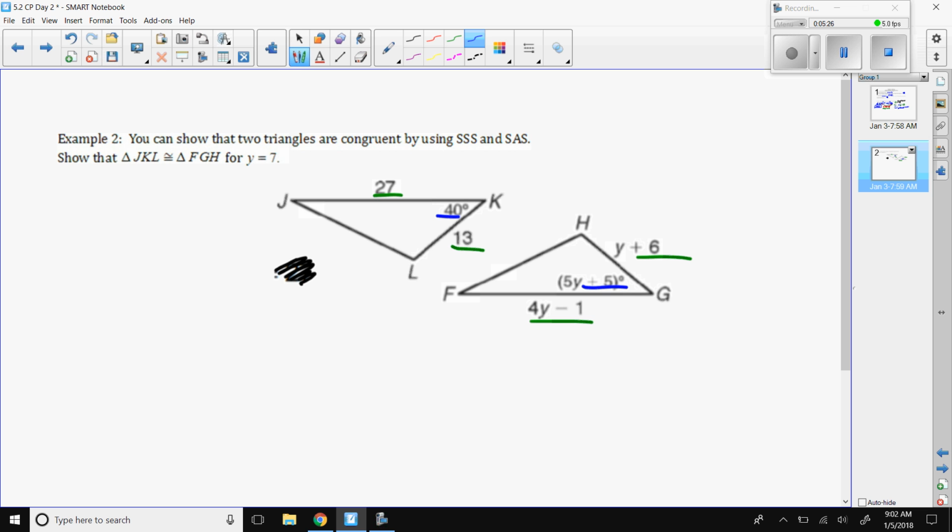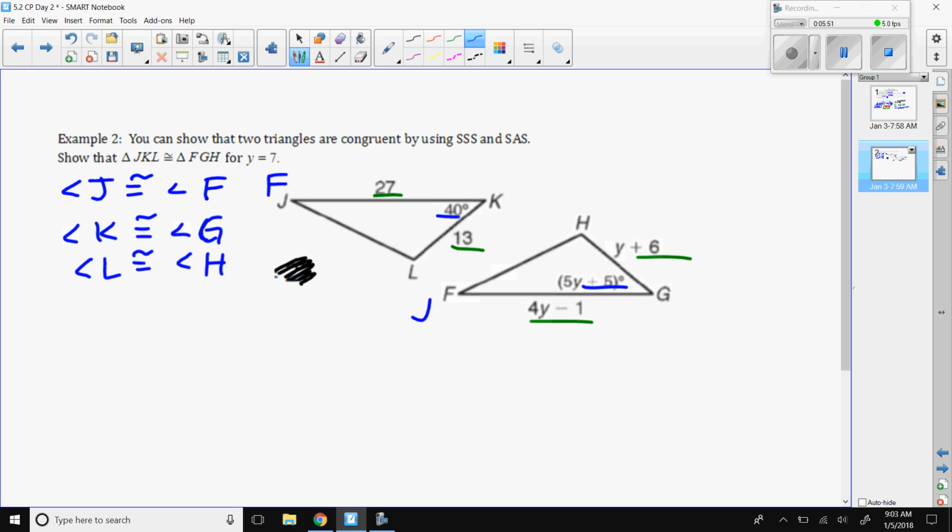5 degrees. According to this, we should have angle J congruent to angle F, angle K congruent to angle G, and angle L congruent to angle H. So since I know this, I have J, this is also talking about F. F is also talking about J, so these two should be the same, and I can start to match them up.